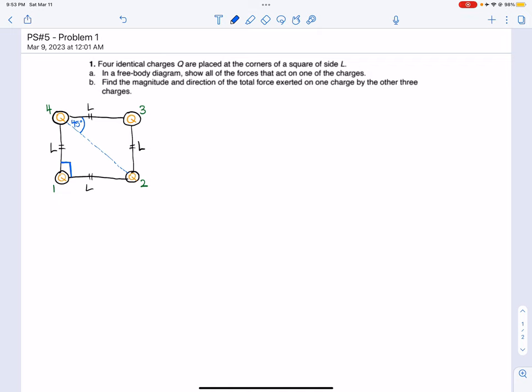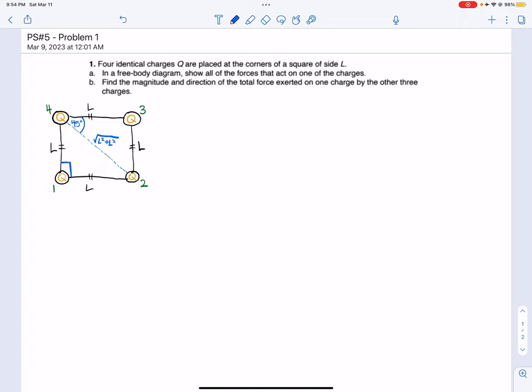Okay, and if that is 45, 45, and 90 degrees, then the length of this diagonal line, or the distance between charge 2 and charge 4, is the square root of L squared plus L squared, right? Because this is the Pythagorean theorem, c squared is equal to a squared plus b squared.